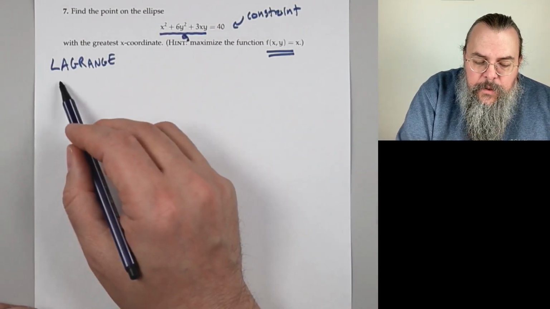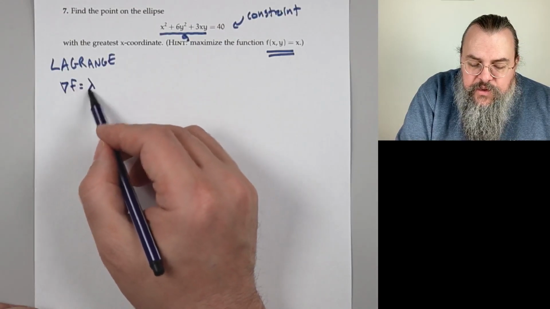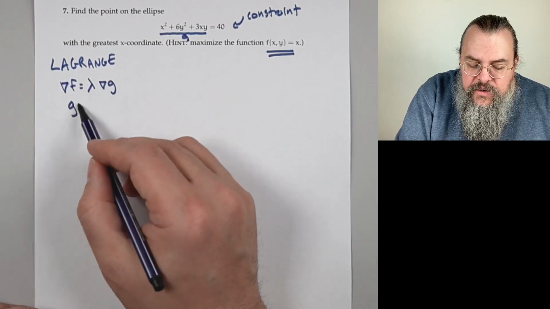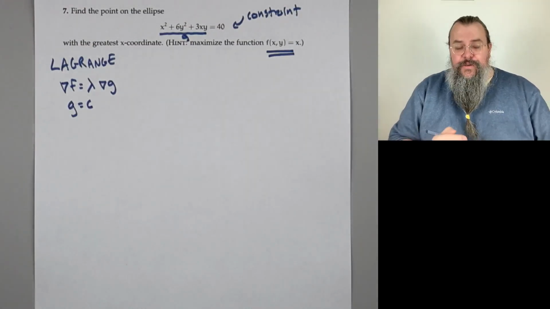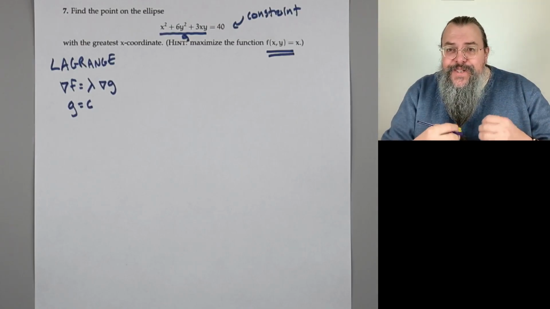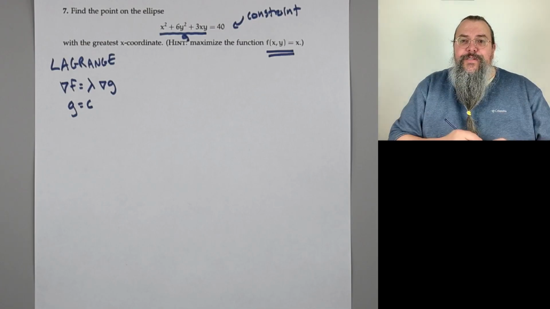What happens is that the gradient of f is some multiple of the gradient of g, and our constraint is satisfied. Those are our 2 conditions that need to be true: the gradient of f is a multiple of the gradient of g, plus we're on our ellipse in this case.